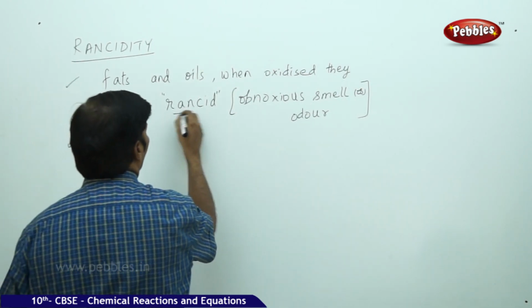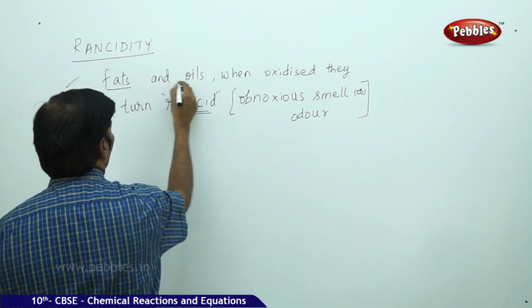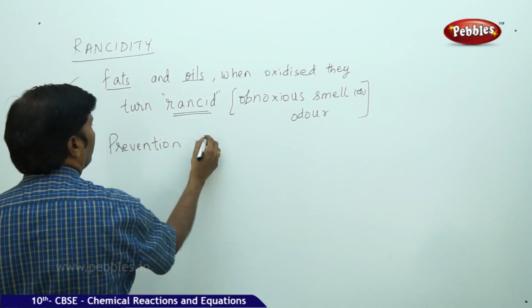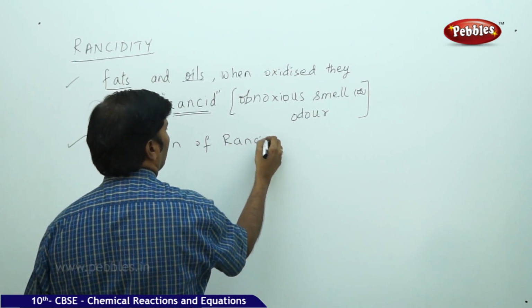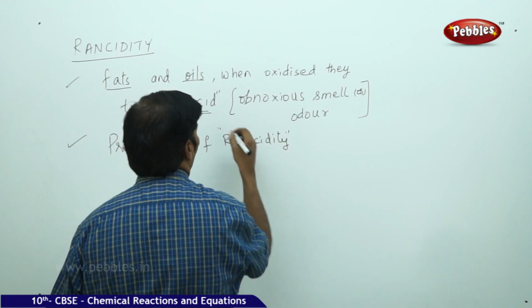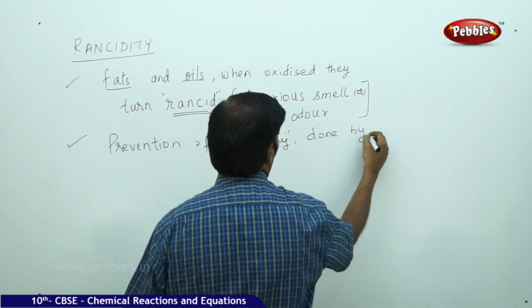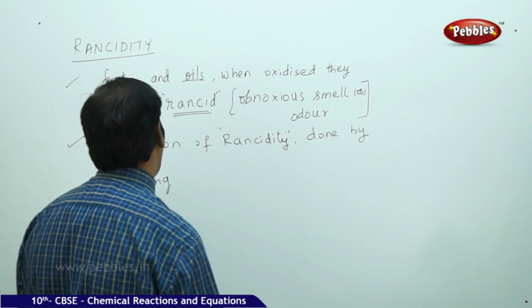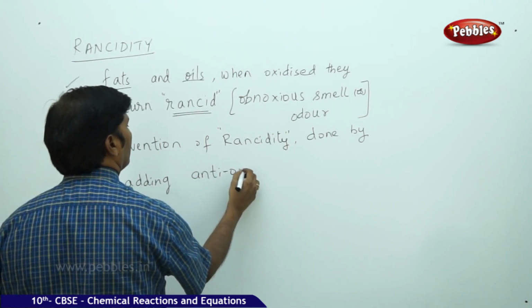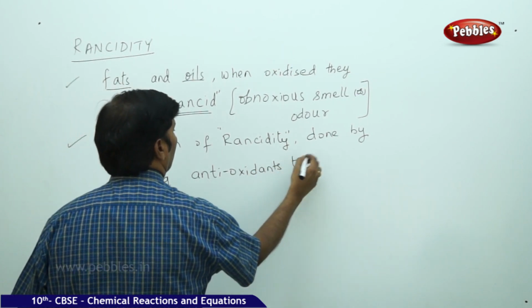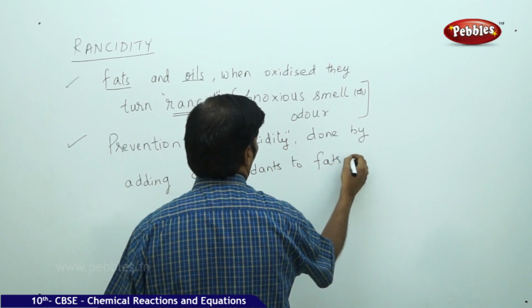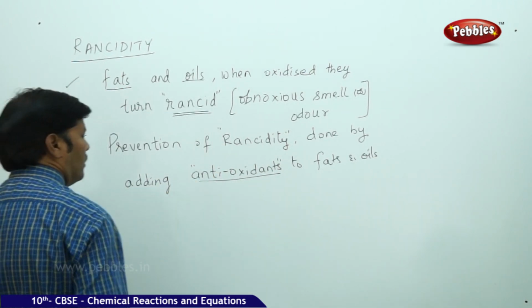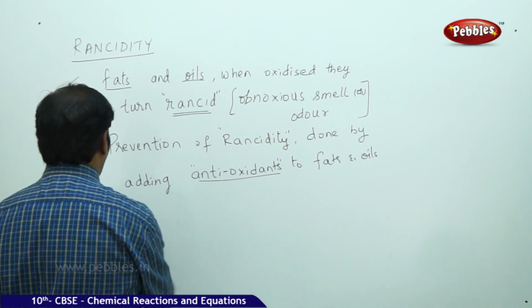So to prevent this rancid nature of fats and oils, prevention of rancidity is done by adding antioxidants to fats and oils.